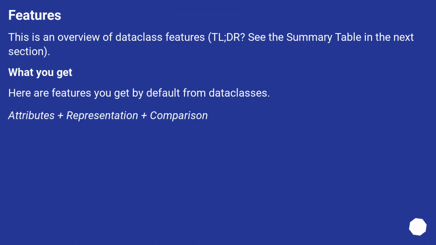Features. This is an overview of data class features, TL;DR. See the summary table in the next section. What you get: here are features you get by default from data classes. Attributes plus representation plus comparison.